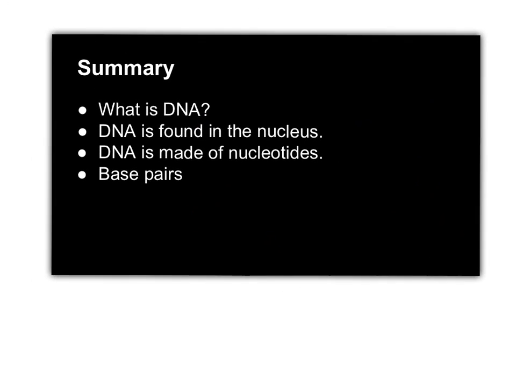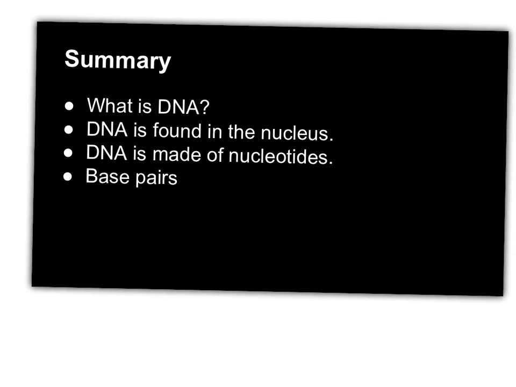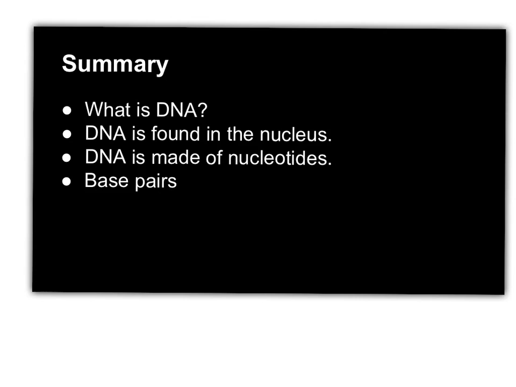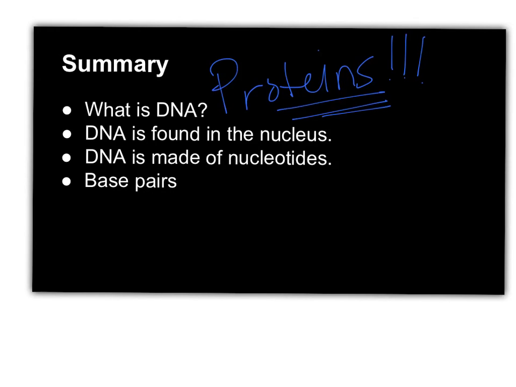Okay, so let's summarize again. What is DNA? It's deoxyribonucleic acid. It's what codes for our traits. And DNA helps make proteins. That's a very important point to take away with this PowerPoint. DNA is found in the nucleus. It is made up of repeating nucleotides.